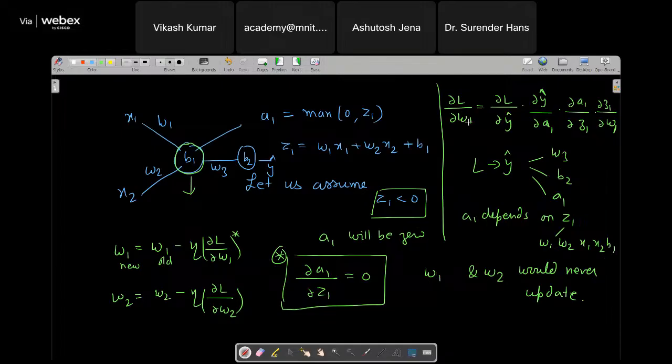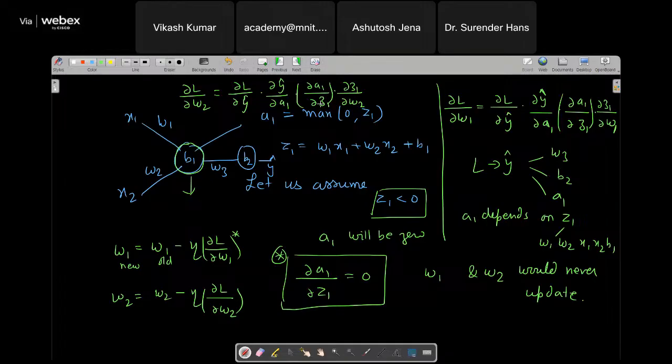So dou L by dou W1. Okay. So now you see this dou A1 by dou Z1 is equal to 0 just because of this. And likewise, let me write here, dou L by dou W2 is equal to dou L by dou y cap into dou y cap by dou A1 into dou A1 by dou Z1 into dou Z1 by dou W2. So this will be equal to 0.